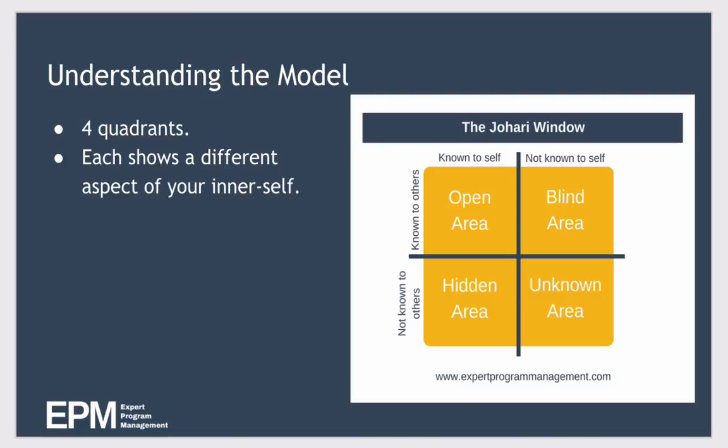So, for example, a person who's an open book is going to have a big open area, whereas a person who's a lot more closed and considered about what they share is going to have a relatively smaller open area. But let's run through what each quadrant means in turn.